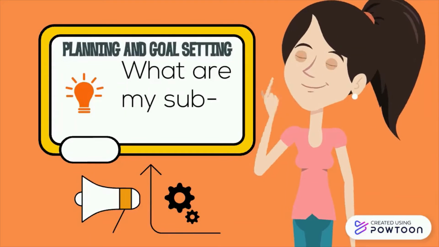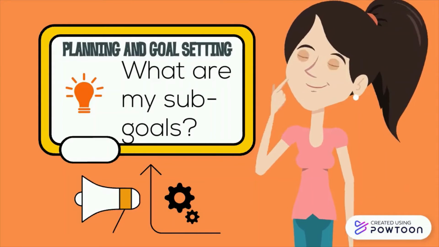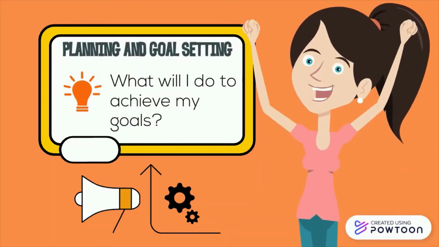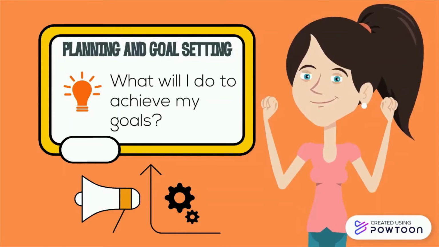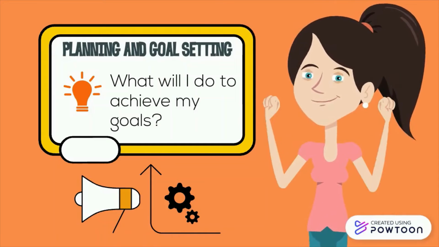Then she sets some sub-goals. For example, she decides to complete her literature review during the first month. She also plans strategies that she will use to achieve her goals. For example, she decides to ask help from the library to find the best way to do the literature review. She also aims to make the task more motivating and interesting by choosing a topic that she is highly interested in.